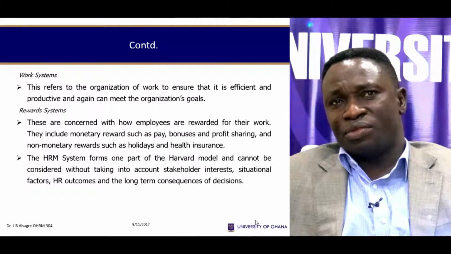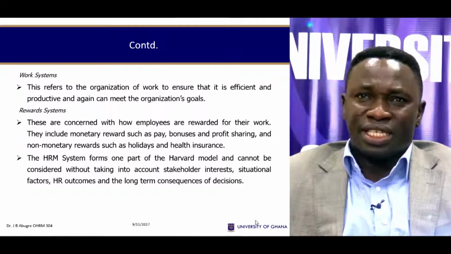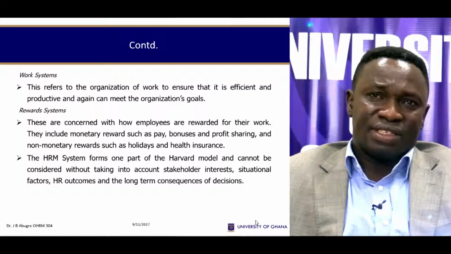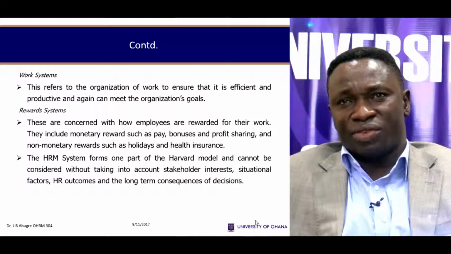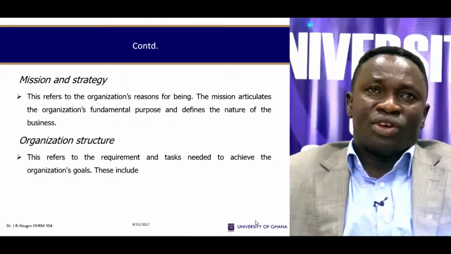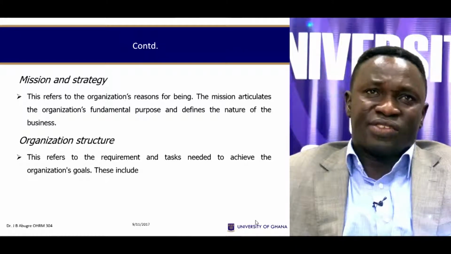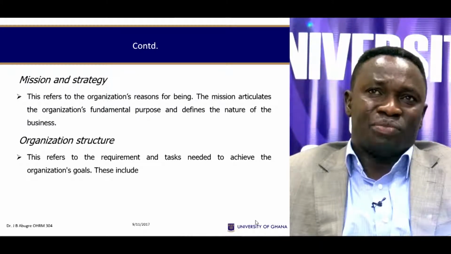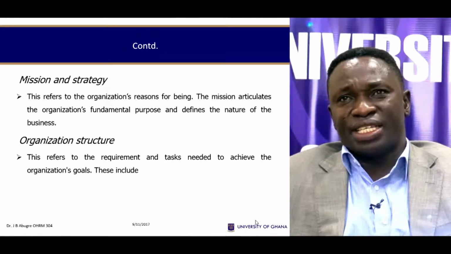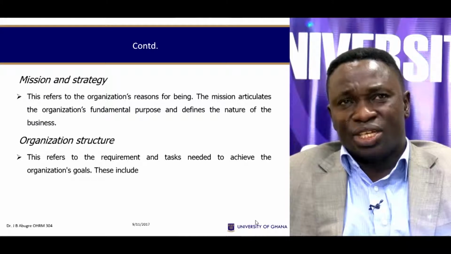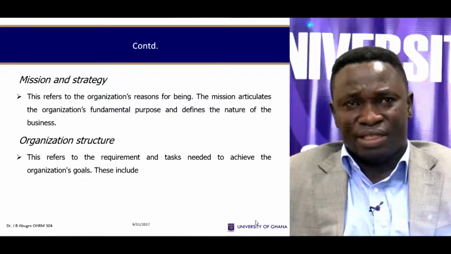The HRM system forms one part of the Harvard model and can be considered by taking into account stakeholders' interests, situational factors, HRM outcomes, and long-term consequences of decisions. So we have what we call the mission and strategy of the organization. The mission and strategy refers to the organization's reason for being there. The mission articulates the organization's fundamental purpose and defines the nature of the business. So we need strong HRM to work to enhance this.